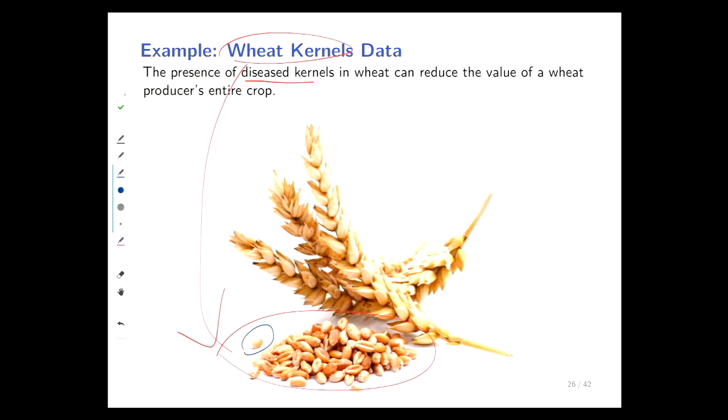So in this topic, we are going to have two conditions for wheat kernel. The first one is healthy, and the second one is not healthy. So we are going to develop some automatic or artificial intelligence system to help us distinguish these two.